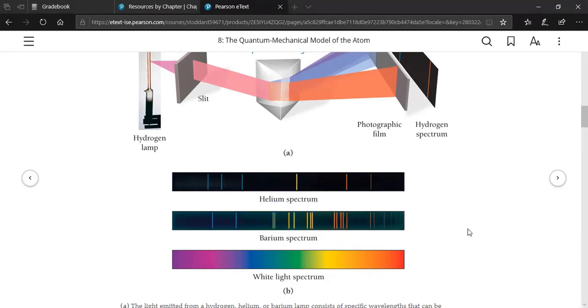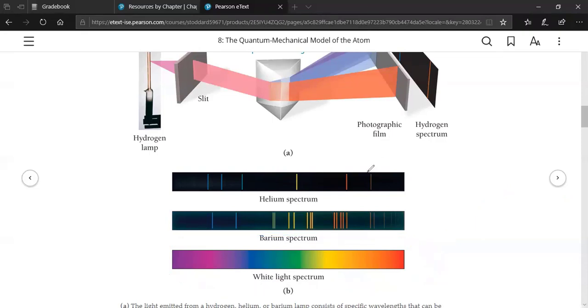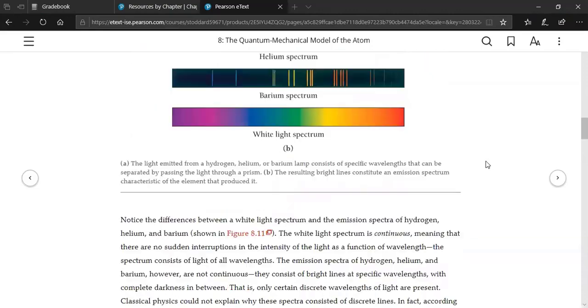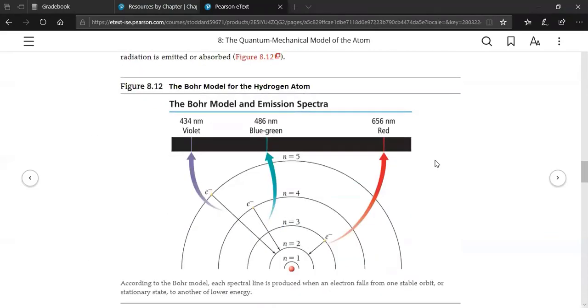Now, what they show down here at the bottom is just a rainbow of colors. It's all the colors that you could possibly get in the visible part of the spectrum. So why do we get these different line spectrum for the different elements? Well, here's the explanation. It's the Bohr model of the atom.